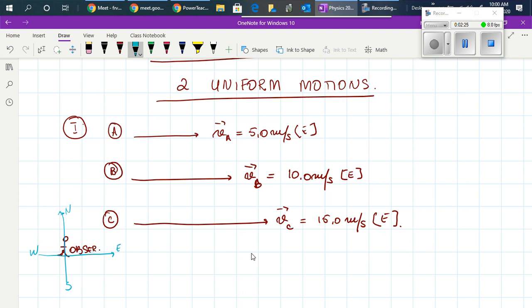So the velocity of the observer in relation to the observer is equal to 0, because the observer is not moving in relation to the axis. The observer is carrying the system of reference within itself.